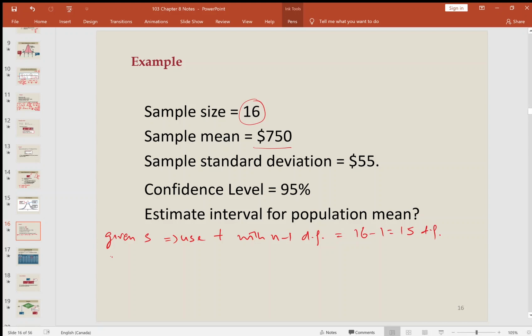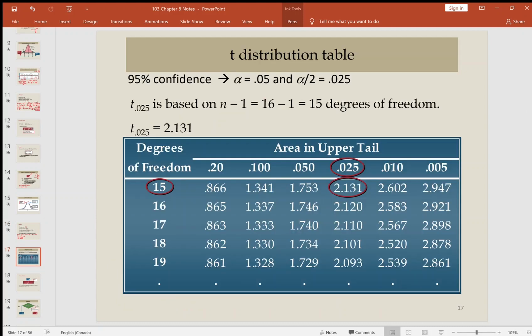Okay, and then 1 minus alpha is 0.95 or 95%. So alpha is 1 minus 0.95 equals 0.05. Alpha by 2 is 0.025. Okay, so let me just go to the T table, just to remind you how to look up the T tables.